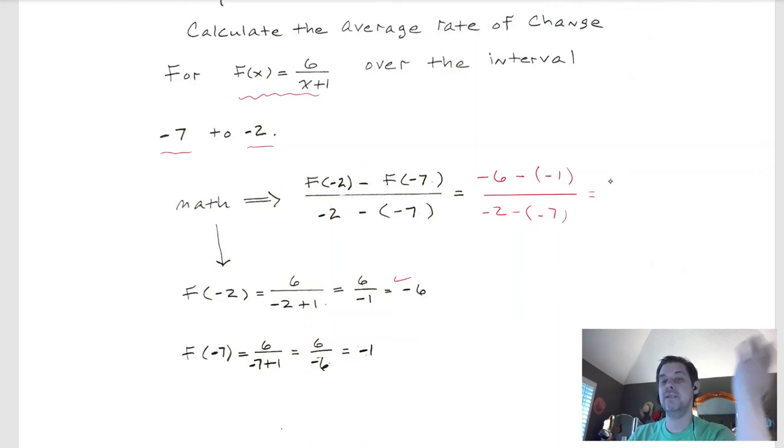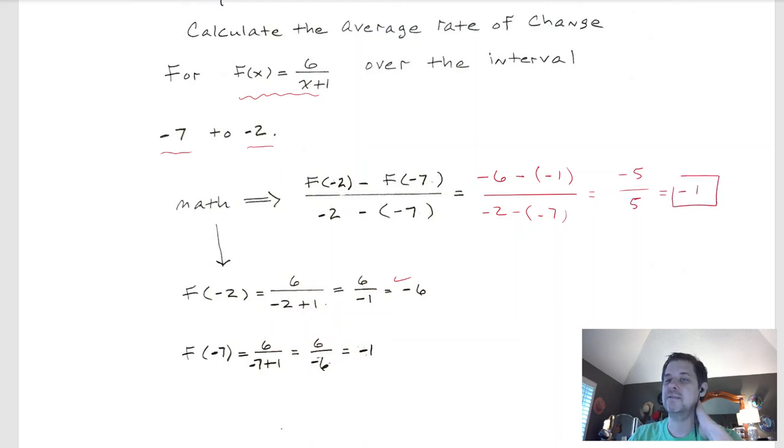All right, so I'm going to get -6 minus -1. That's going to be -6 plus 1, which is -5. And then this is going to be -2 minus -7, which is -2 plus 7, which is +5. And then that's going to be -1. So there's our answer.